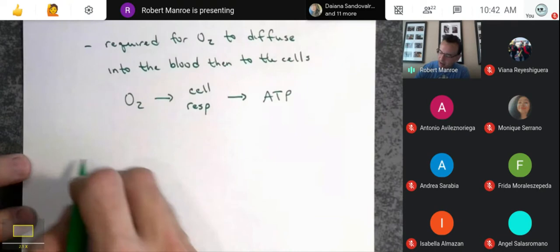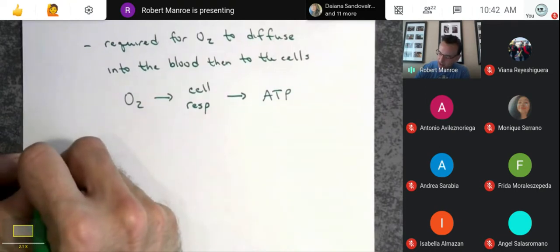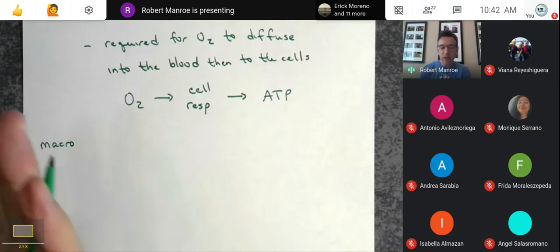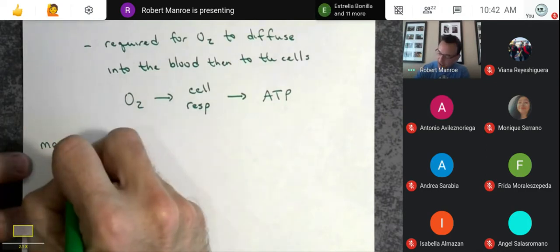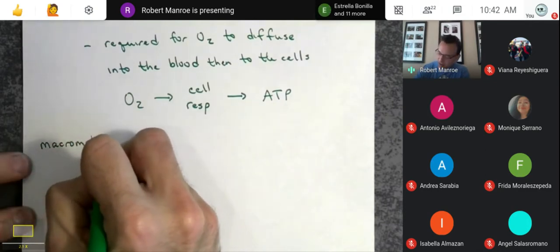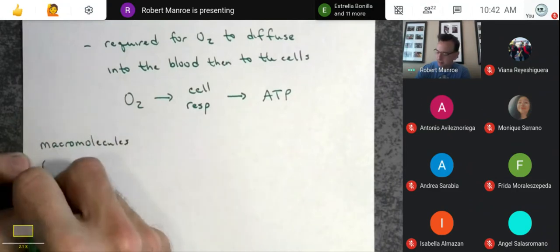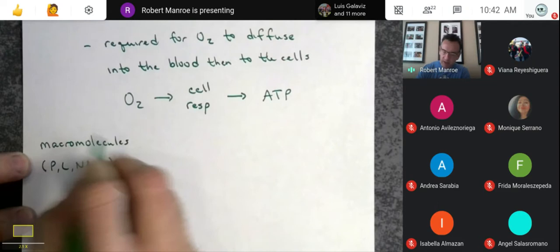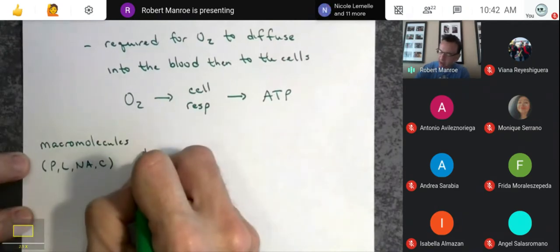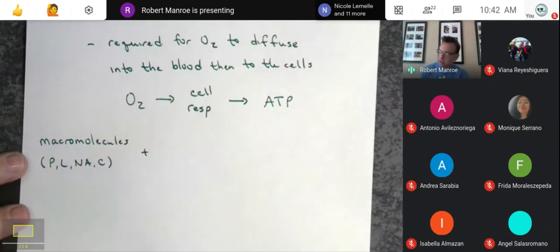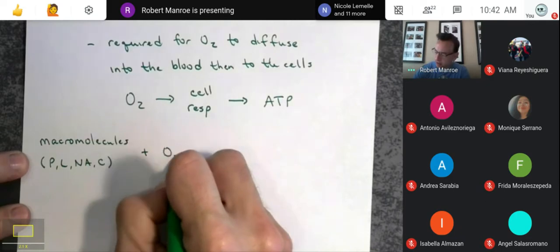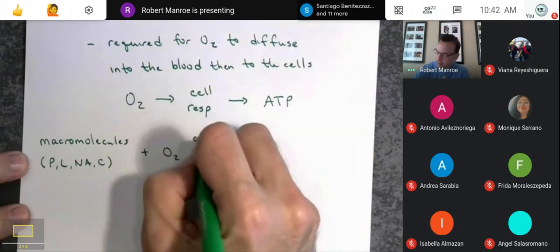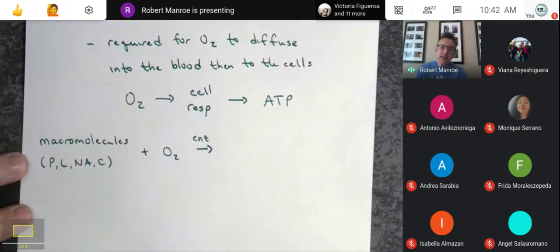So what we're talking about then is doing cell resp. What cell resp does is it metabolizes, or digests, or breaks down, hydrolyzes, pick a word, macromolecules. Proteins, lipids, nucleic acids, carbohydrates. Fine. Aerobic cellular respiration requires oxygen. So those are your reactants. It's an enzyme-mediated process.